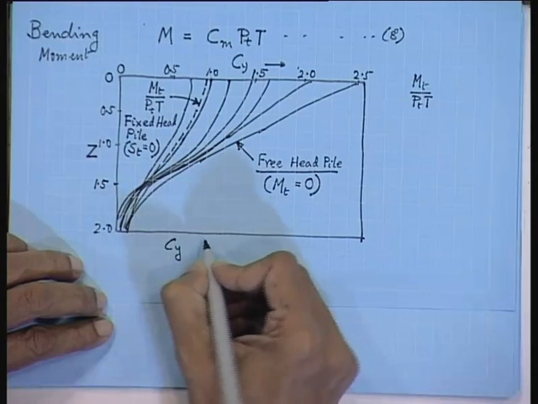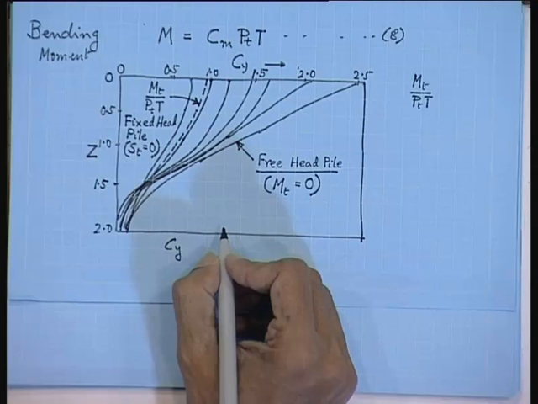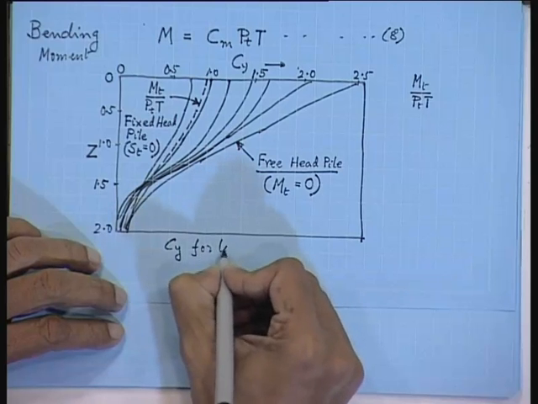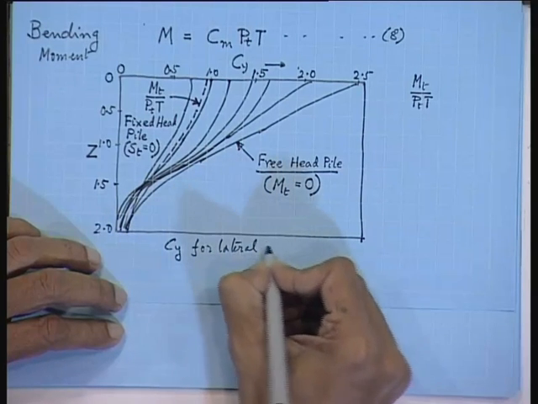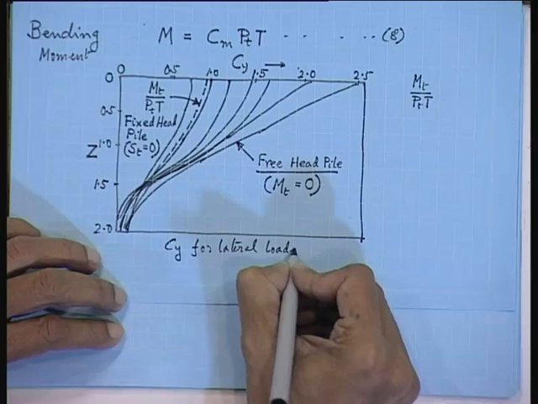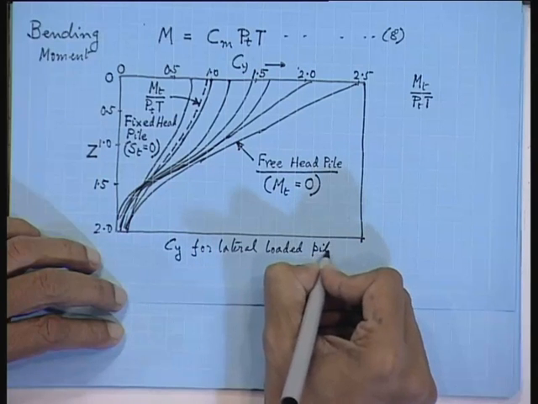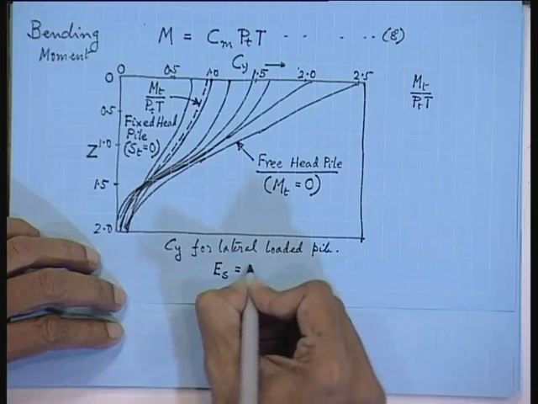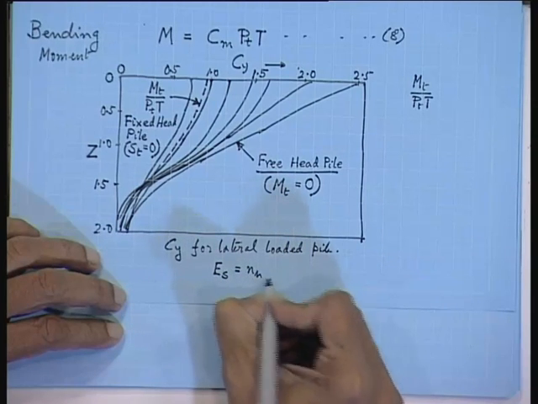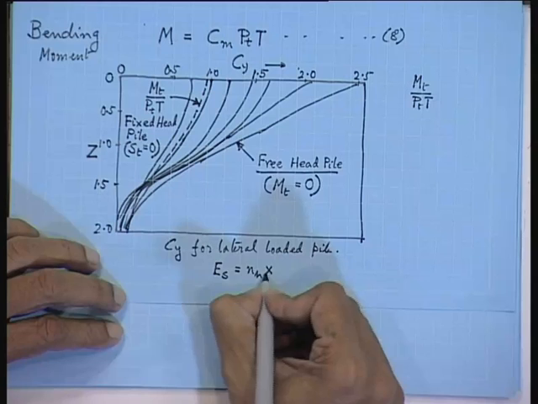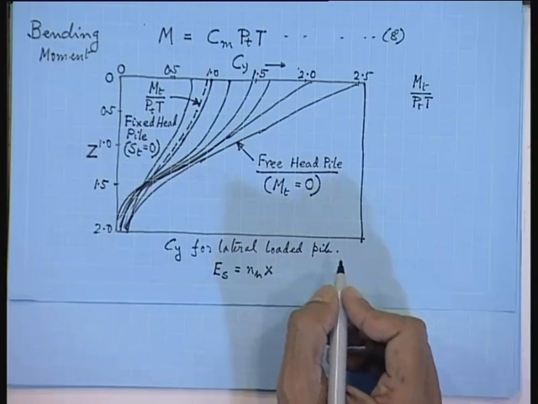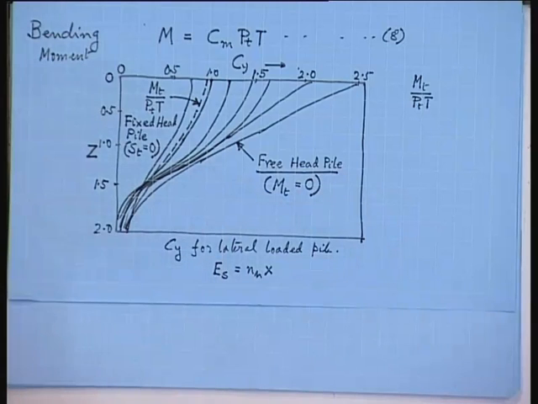CY, but in this case EX to the power n, CY for laterally loaded pile followed. But in this case the ES formula that has been used is NHX. This one has been taken as 0. Now, 0 is for what type of soil?